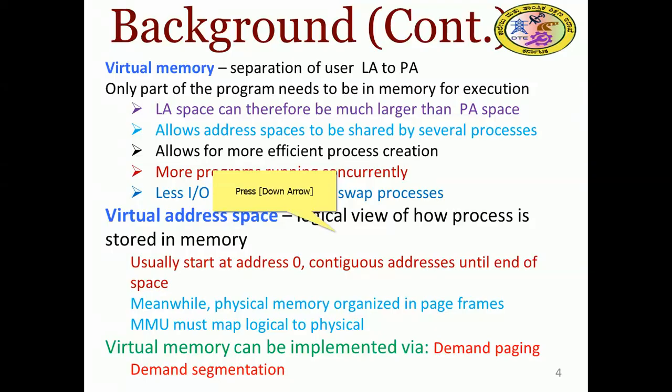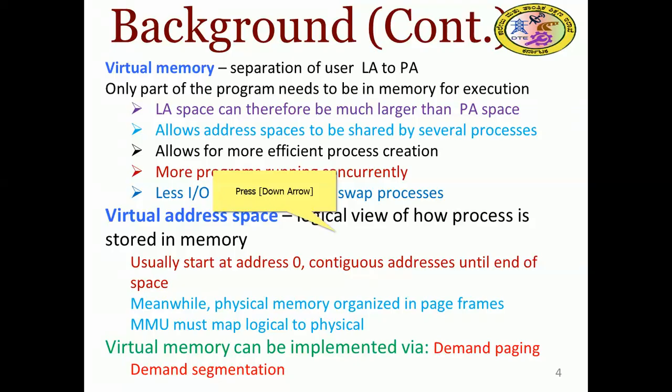So that is the potential of virtual address space, even though physical memory is small. Due to the need of demand paging, we can expand this physical memory into a larger space, so the user thinks a large memory is available.